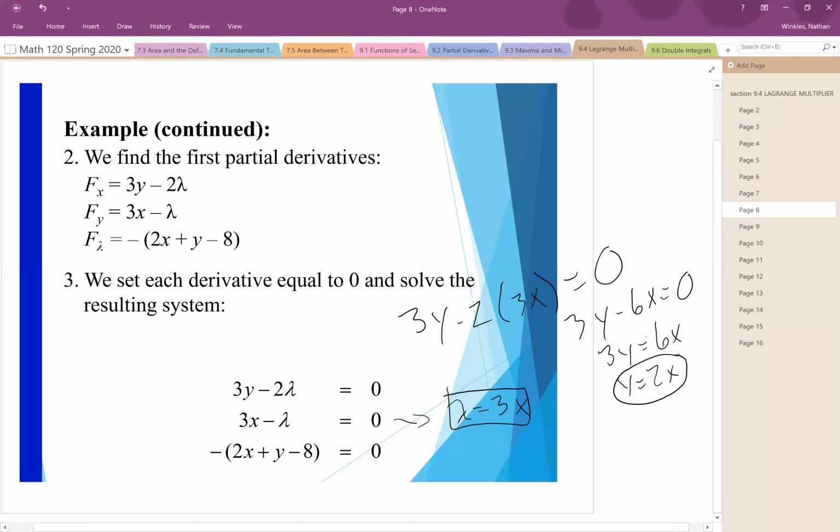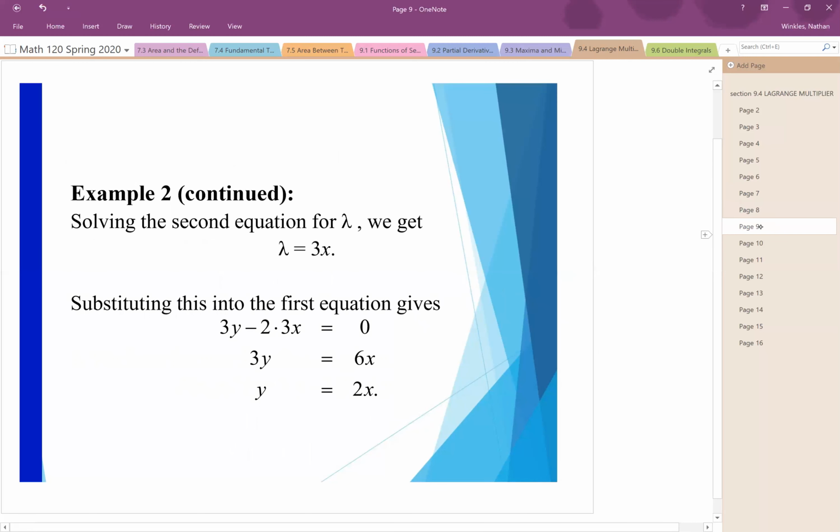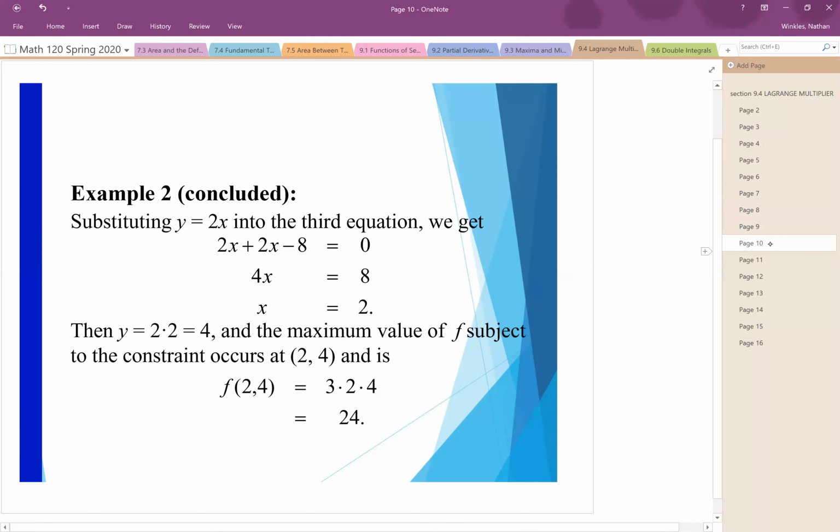So with y equaling 2x, we can then take that and plug it into the third equation. So we get 2x plus 2x minus 8 equals 0, 4x equals 8, x equals 2.